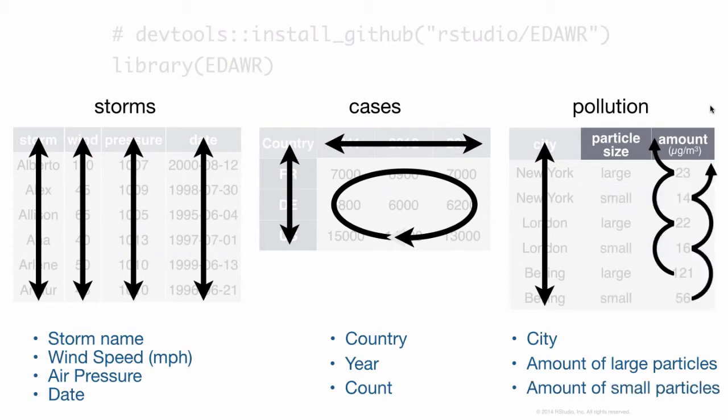And if you wanted to compute some number for each city, like the ratio of large to small particles, then you'd have to treat these things as separate variables to do math with them. So we could look at this data frame as having three variables that are structured in a different way.